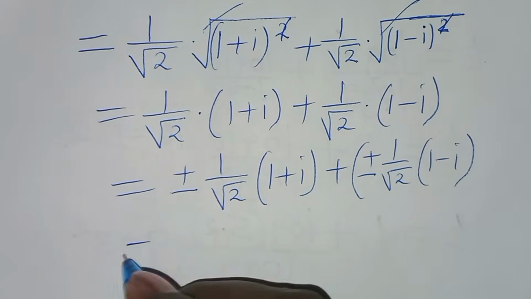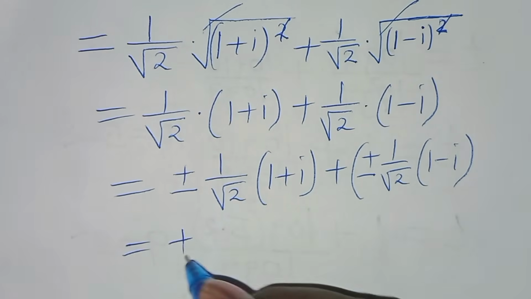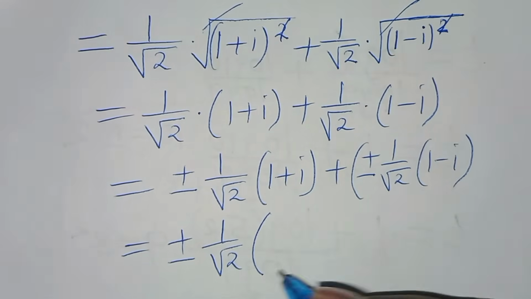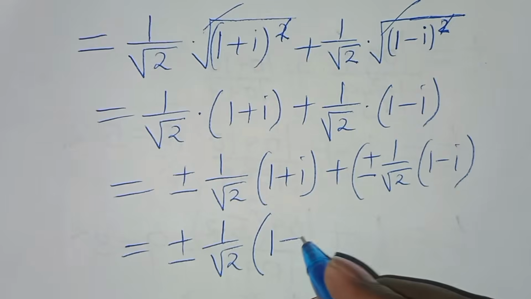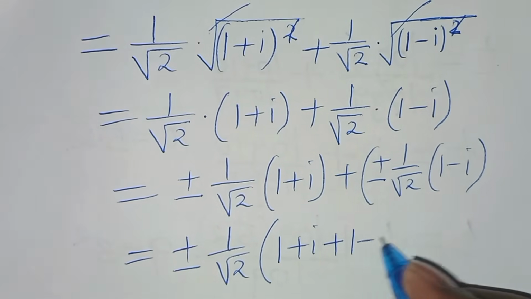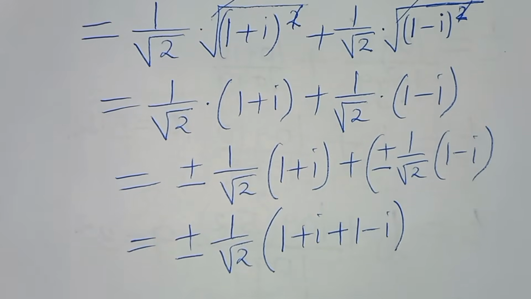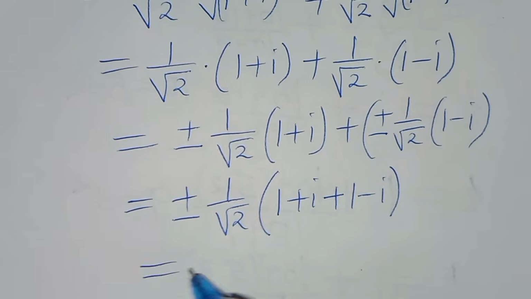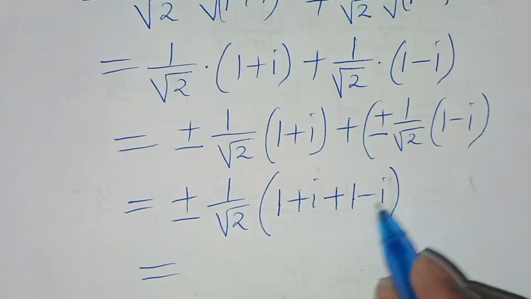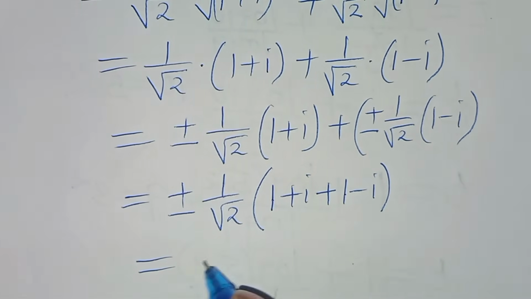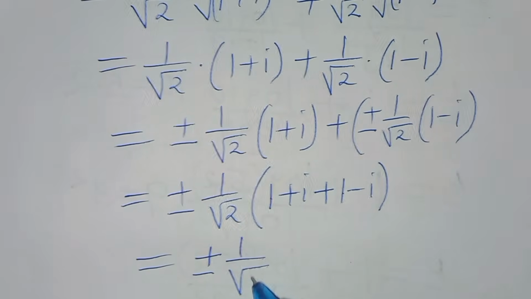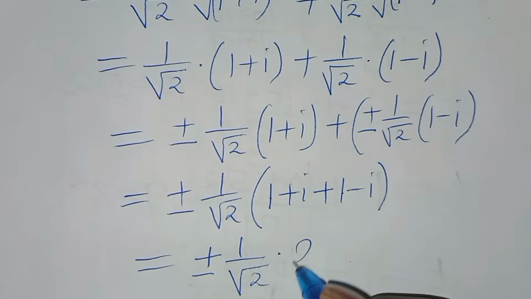But since plus or minus 1 over the square root of 2 is common here, we factor it out. So here you'll have 1 plus i plus 1 minus i. So now from what we have here, we have 1 plus 1, which is 2, i minus i. That simplifies so that you'll have plus or minus 1 over the square root of 2 multiplied by 2.